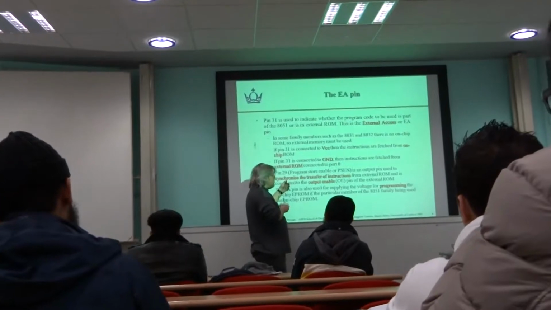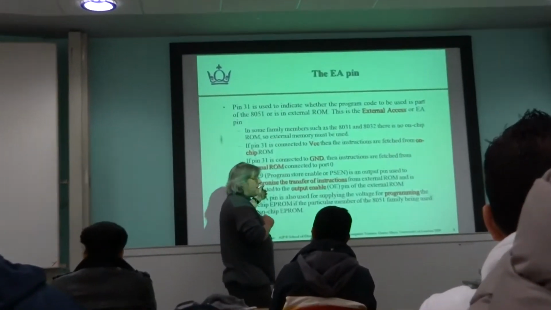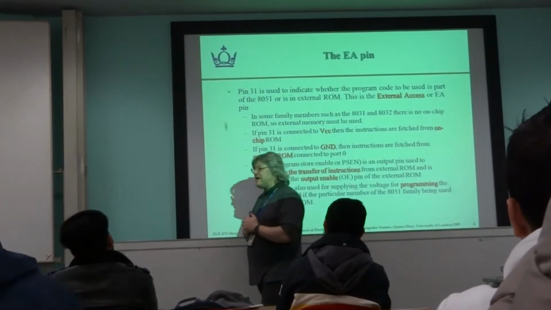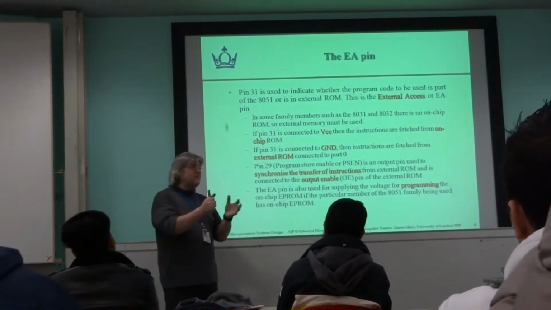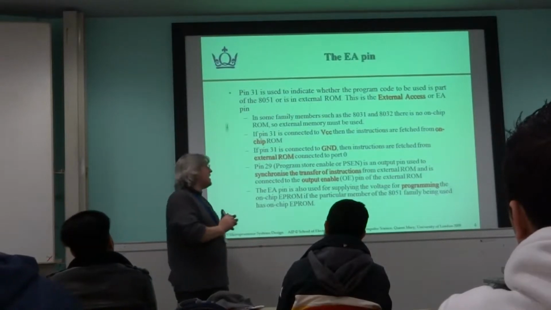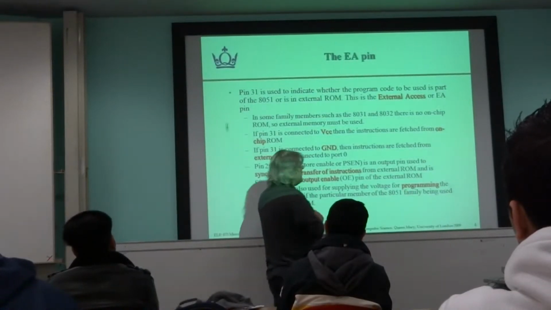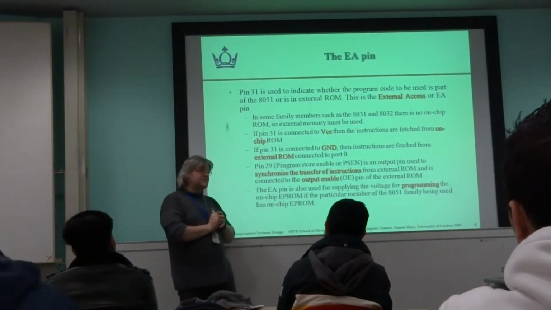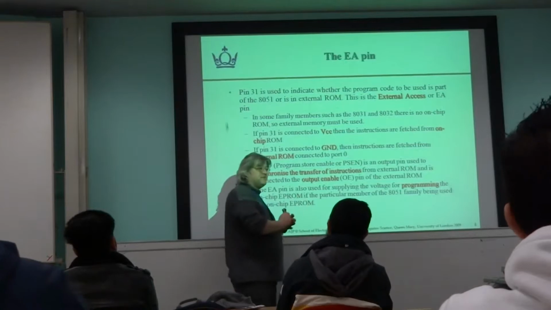Generally speaking, when you're building a system, if you want to use as few external devices as possible, you try and buy a device that has all the code memory you need inside the device. And then you would normally have the EA pin wired high to tell it, no, I want you to be using the internal stuff, and hopefully that will be sufficient.